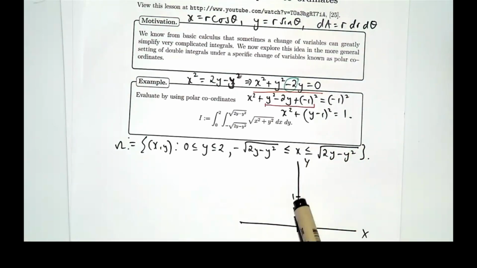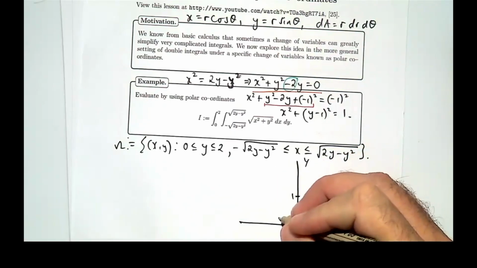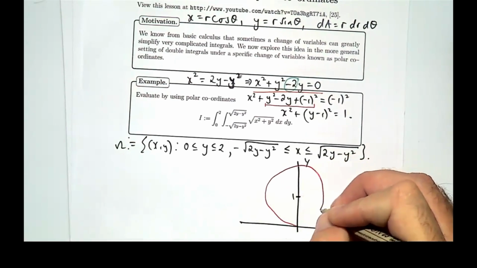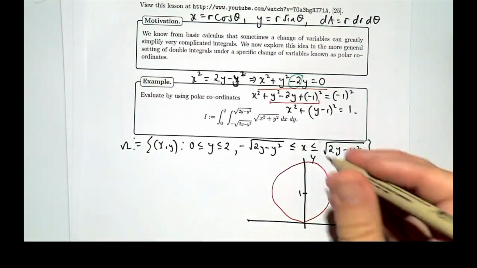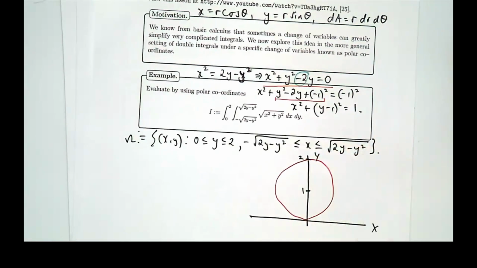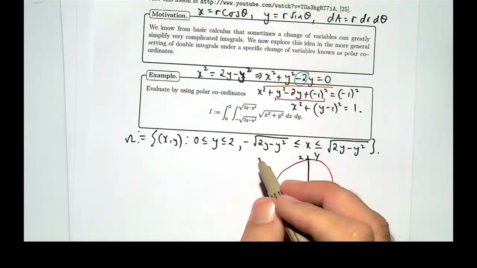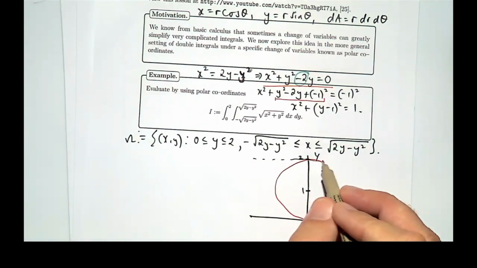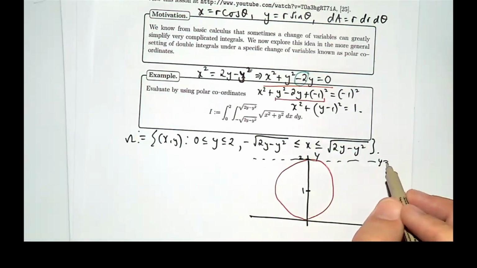Okay, so that's going to be the center of my circle. Okay, that's my crazy circle there. There's 2. Okay, so for y between 0 and 2, that's the line y equals 2.